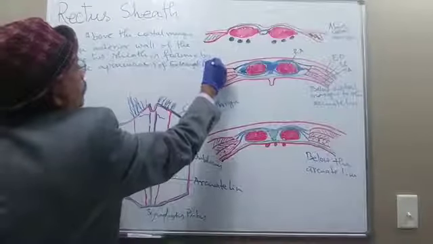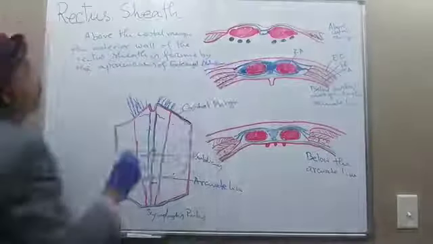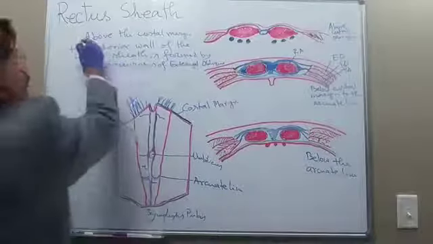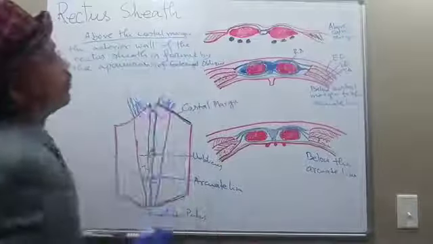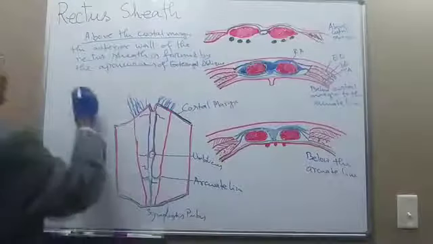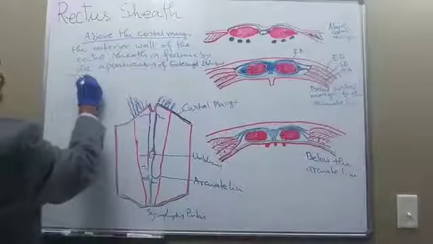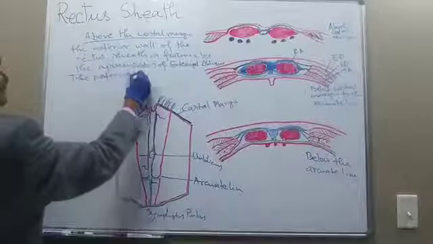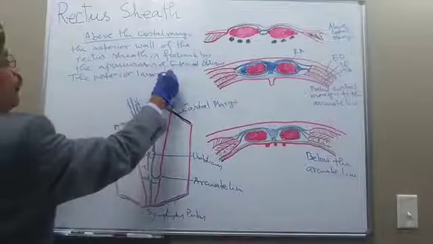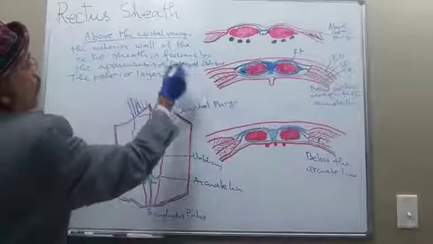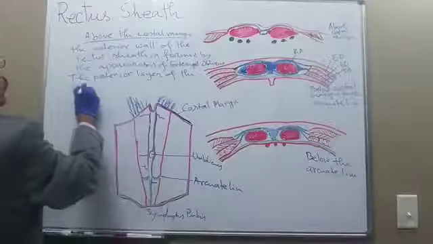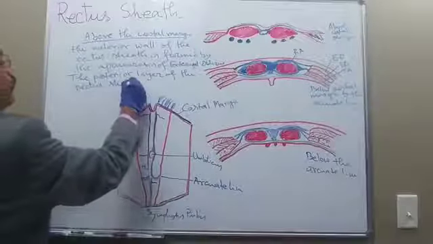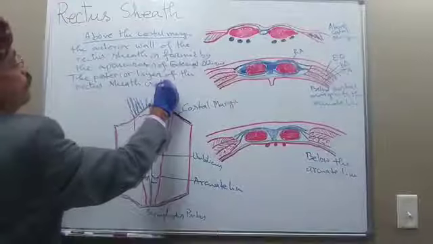And above the costal margin, the posterior layer or wall of the rectus sheath is deficient.